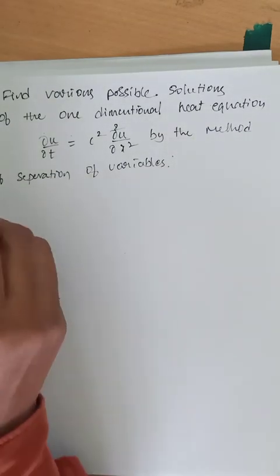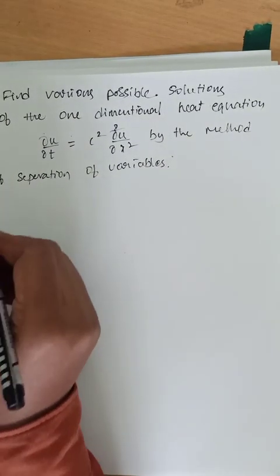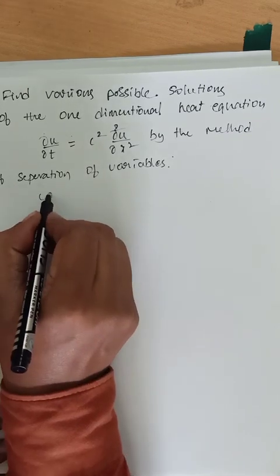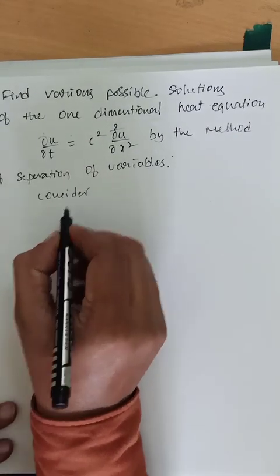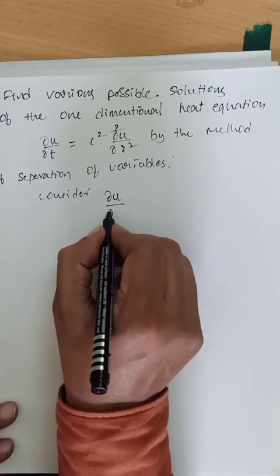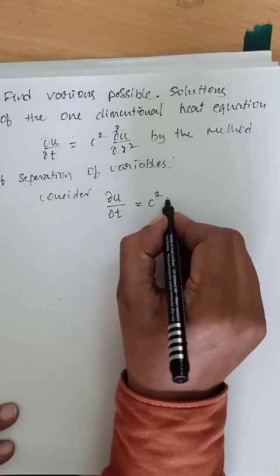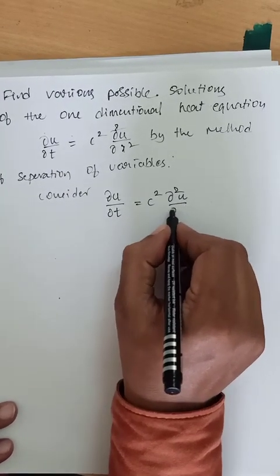Okay, proof. Like previous derivation, consider ∂u/∂t = c² ∂²u/∂x².